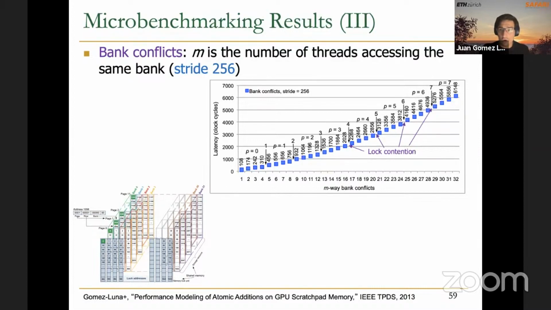So when we increase the stride to 256, every time that we increase the number of conflicting threads by 4, we are incurring an extra latency.